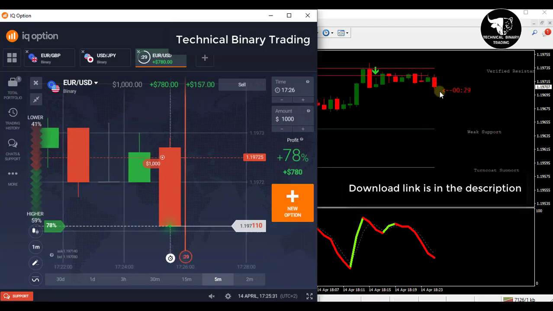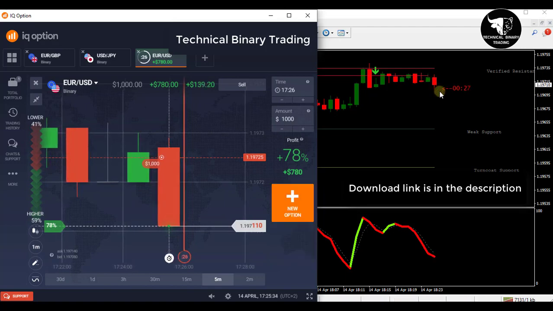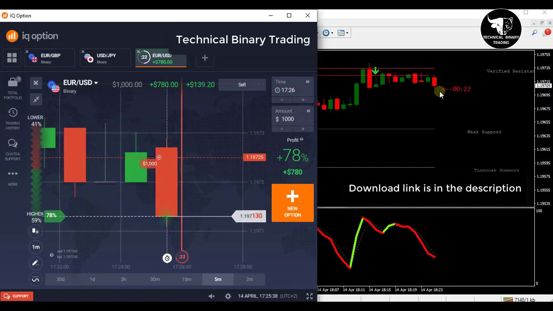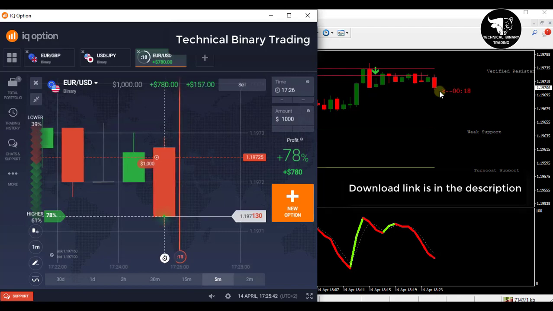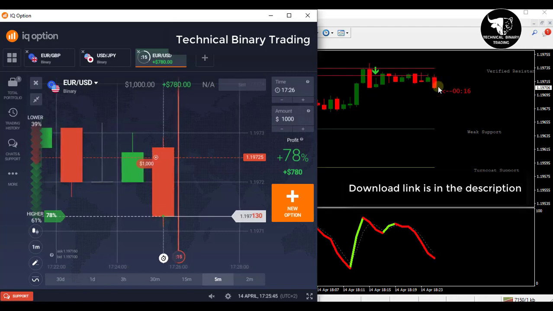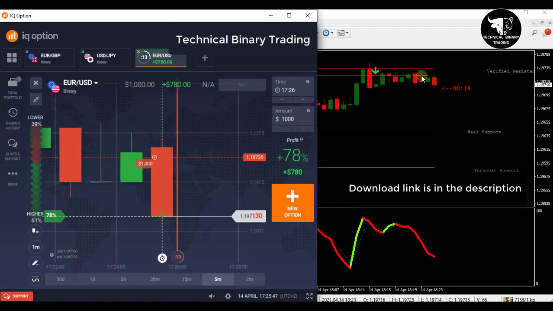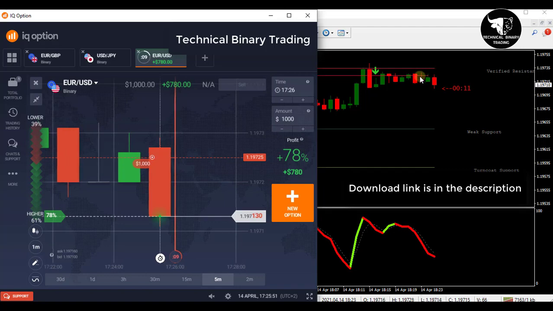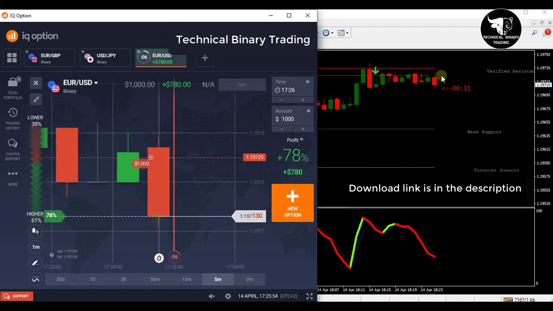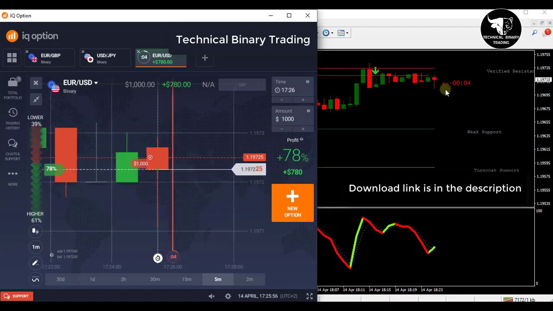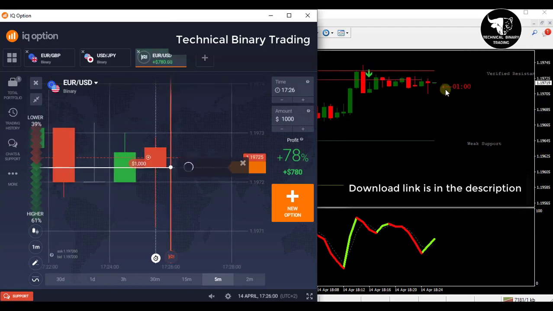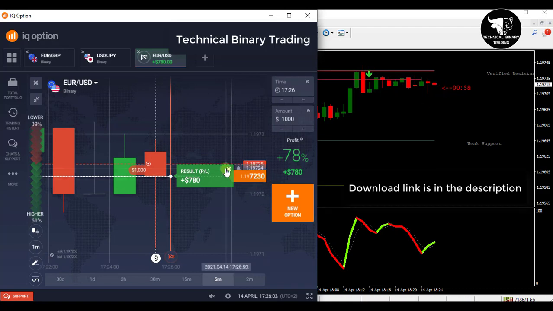So when you get familiar with this indicator, you can apply it on a live account. So this is our third clear win.